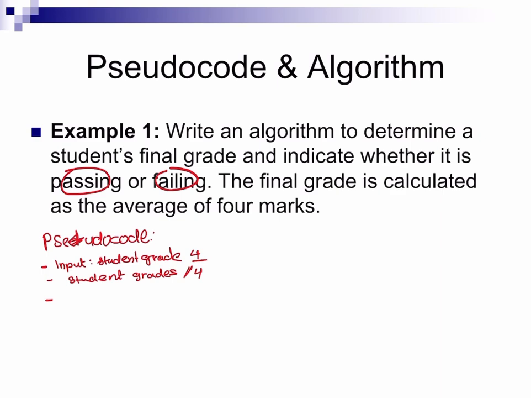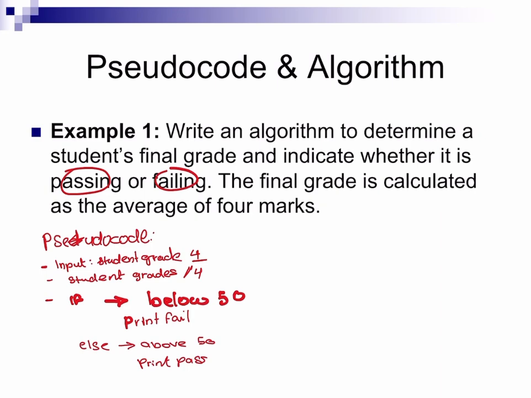So we're going to say that if the average is below 50, we're going to print fail. Else, we're going to say if it's above 50, we're going to print pass.